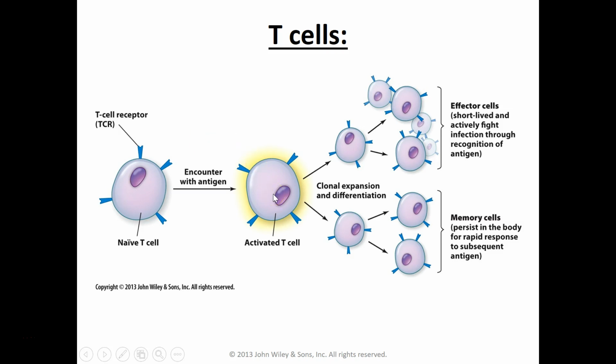It isn't until it encounters antigen, which is not a step shown here, hence the highlight, that it's activated, as we saw in that animation, and clonally expands and differentiates. Some become effector cells. They go out and do their job, and once their job is over, they're short-lived cells. They go through a process of cell death known as apoptosis. When we're done with them, we don't want to feed and house you anymore, you're expensive. We're done with you, because we're going to keep these guys around.